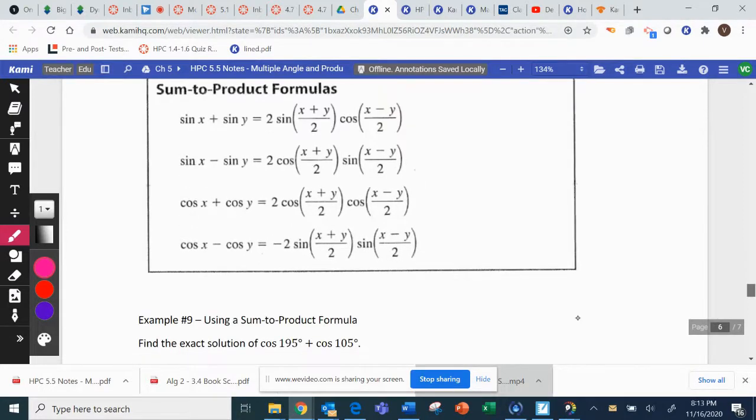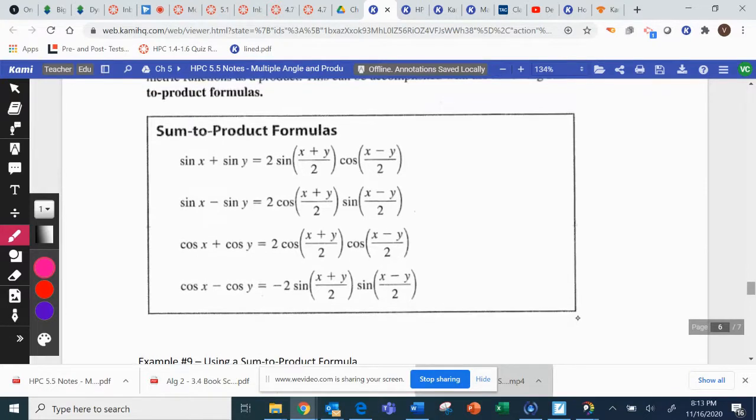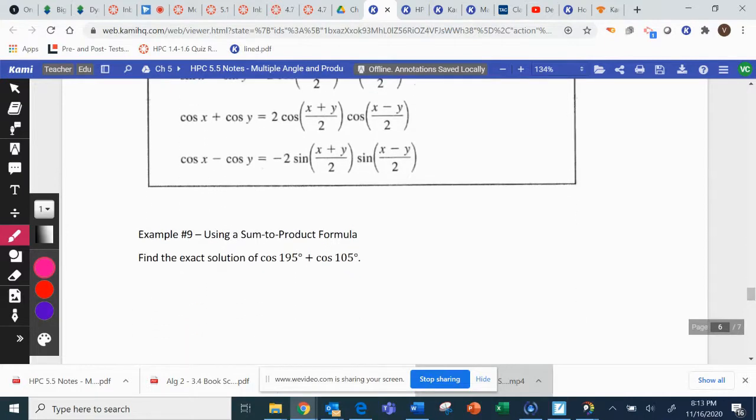And then taking those product to sum formulas, we can do sum to product formulas, which is solving for the sine x, sine y portion of it, moving everything around to the other side. So we've got 4 formulas for that. For this one, we're going to find the exact solution of cosine 195 plus cosine 105. We'll be using this formula right here.